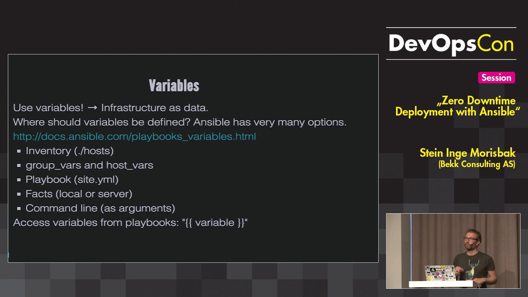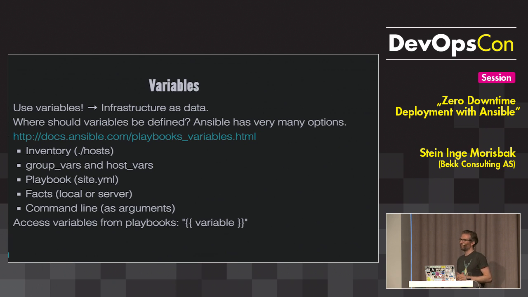And that is what we call infrastructure as data. It means you have all your data inside variable files, which makes it really easy to, for instance, switch provisioning framework, because the data is the most important, not how you will use this data to provision your servers.